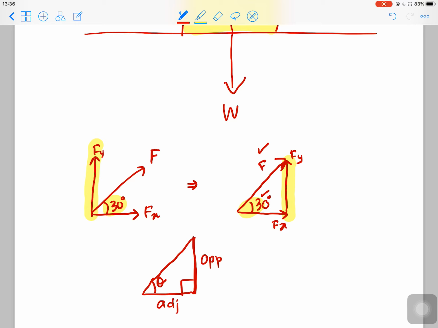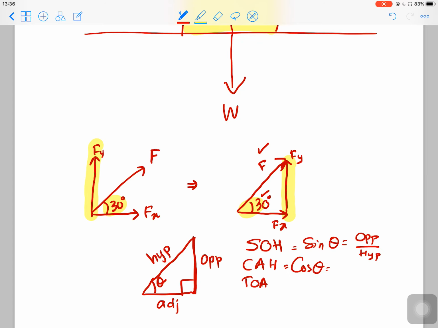And the one opposite the 90-degree angle we call the hypotenuse, HYP. And we have the formula, which you have probably memorized, SOH, CAH, TOA. So sine theta equals opposite over hypotenuse, cos theta equals adjacent over hypotenuse, and the last one is tangent theta equals opposite over adjacent.